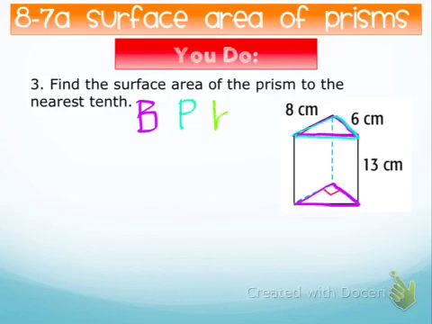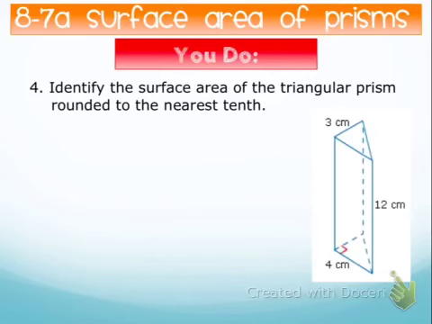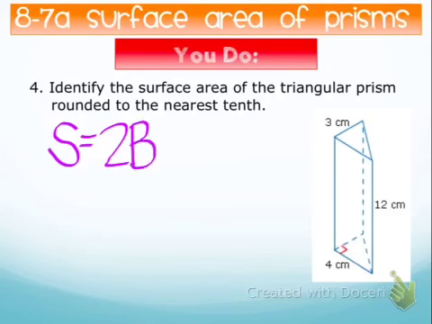And then you're going to do the height, and then you're going to substitute everything into your equation. I would also like for you to try this number 4. Again, surface area equals 2 times your base plus the perimeter of your base times the height of the prism. Here is your base.